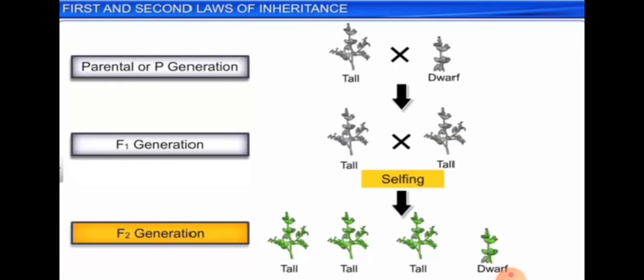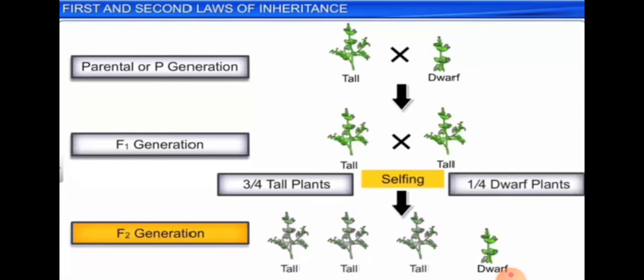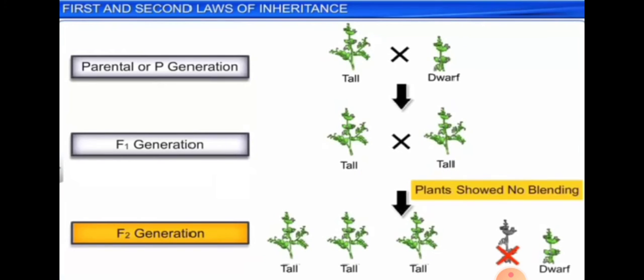This time he found that the progeny included both tall and dwarf plants in a definite ratio. That is, 3/4 of the plants in the F2 hybrid were tall, while 1/4 were dwarf. He also noticed that the plants did not show blending or mixing, that is, none of them were of in-between height.